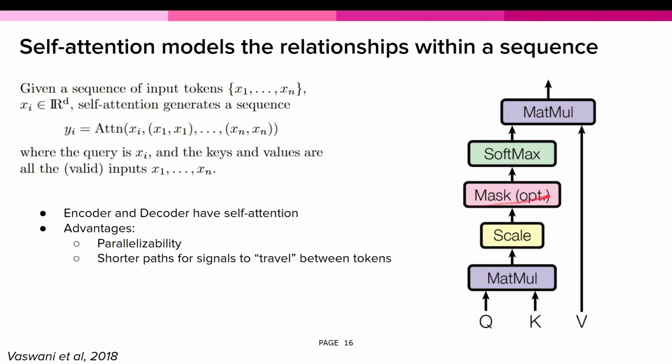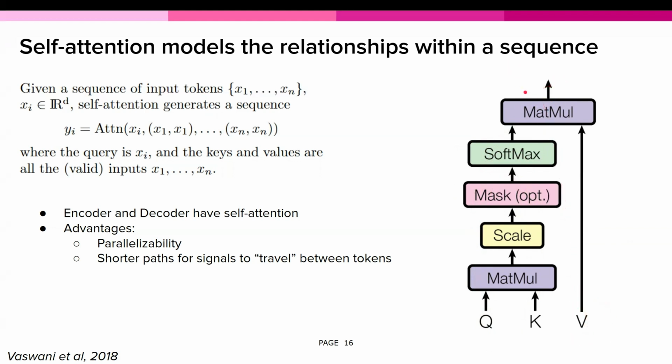I've skipped over this masking step here. This is optional. It can be applied here. It's not relevant right now, but we are going to talk about it in a few minutes. So this part here is essentially the scaled dot product attention scores that we encountered a few minutes ago, right up until this point. And then finally, we have a second matrix multiply with the value vectors.